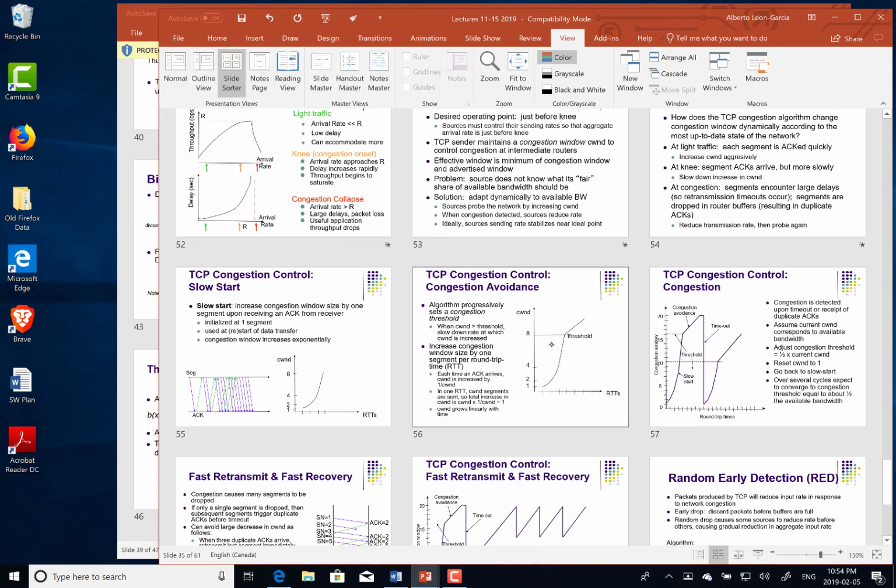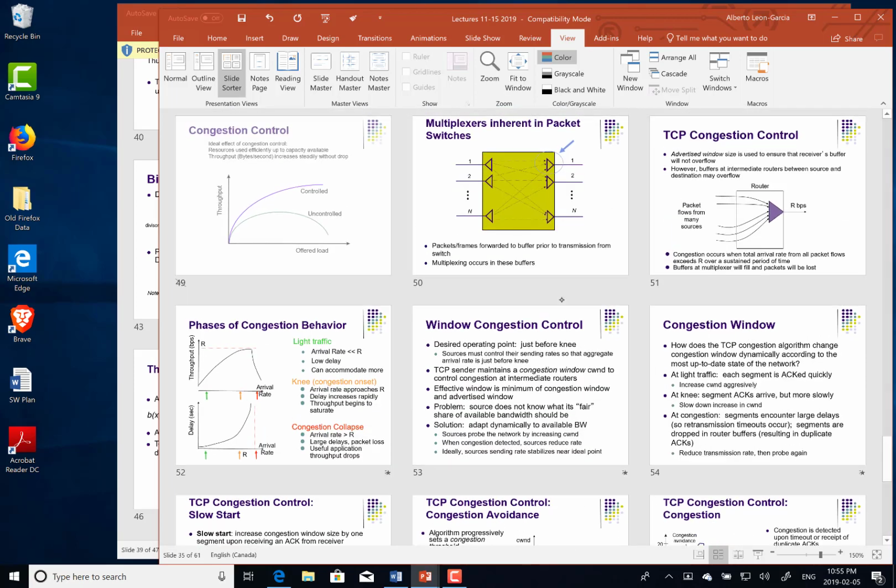Okay, and if that weren't checked, it would go up and transmit as fast as it could, and it would only stop if it ran out of segments to send. But what can happen is that, of course, if all these machines had lots of segments to send, inevitably you would drive this guy into congestion.